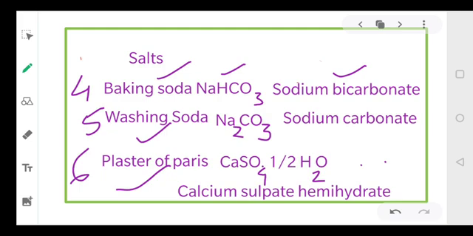And its formula is CaSO4 half H2O and the chemical name is calcium sulfate hemihydrate. What is its name? Calcium sulfate hemihydrate. So you got to remember the common name, the formula and its chemical name. They are very, very important.